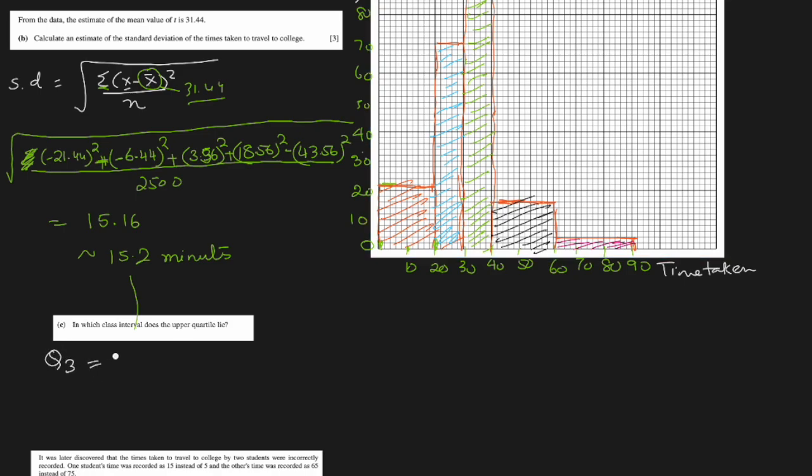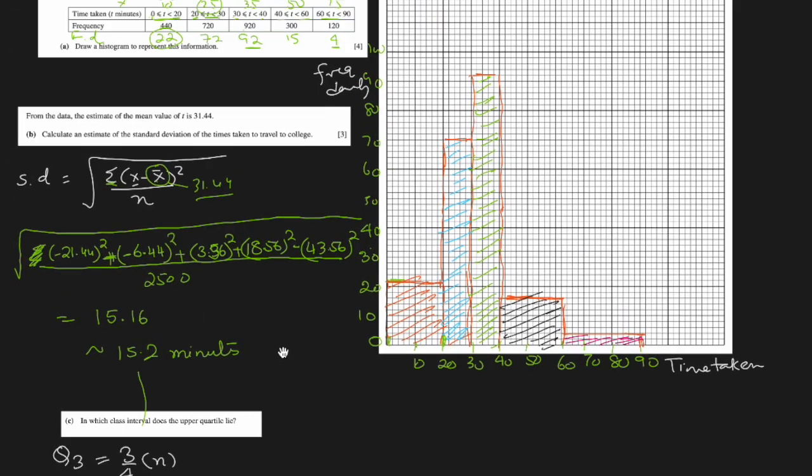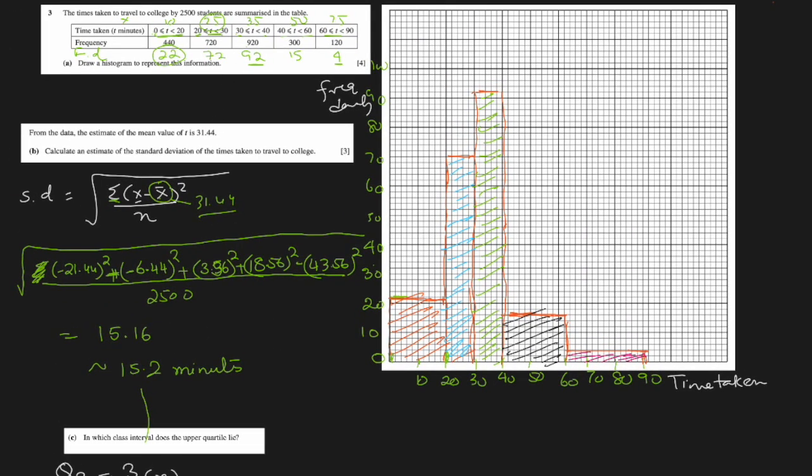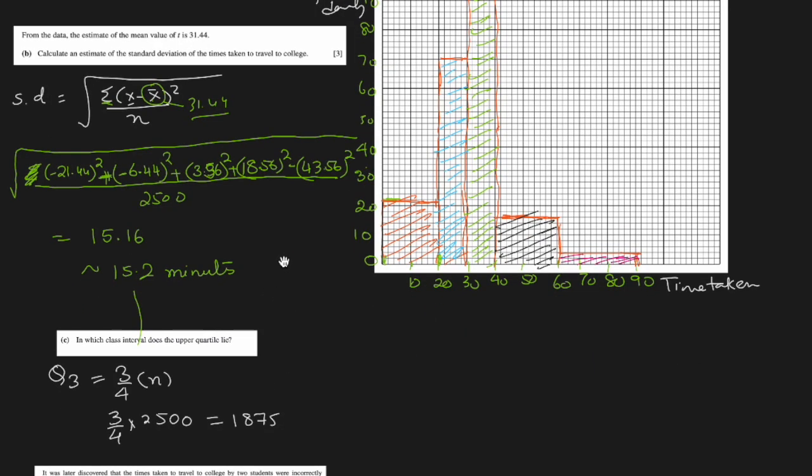For Q3, we should know 3/4 of total number of data, and we have 3/4 of 2500, which is 1875. Now we should go back to our table and see where we are reaching 1875.